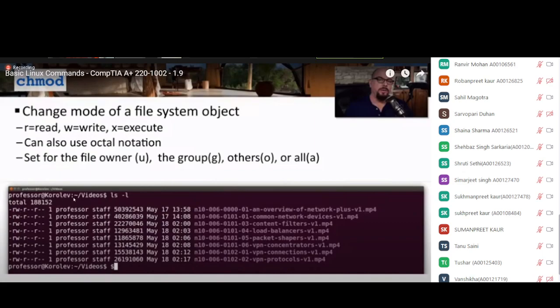So the file doesn't have execute permission for the owner. So how to change that? We can also give X for execute. This was the reason yesterday when we were going to create the file, we have to give the execute permission, so we can run the file.